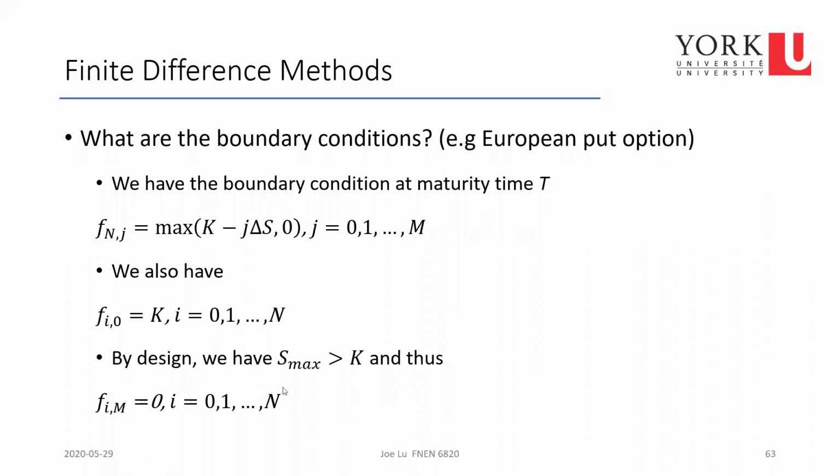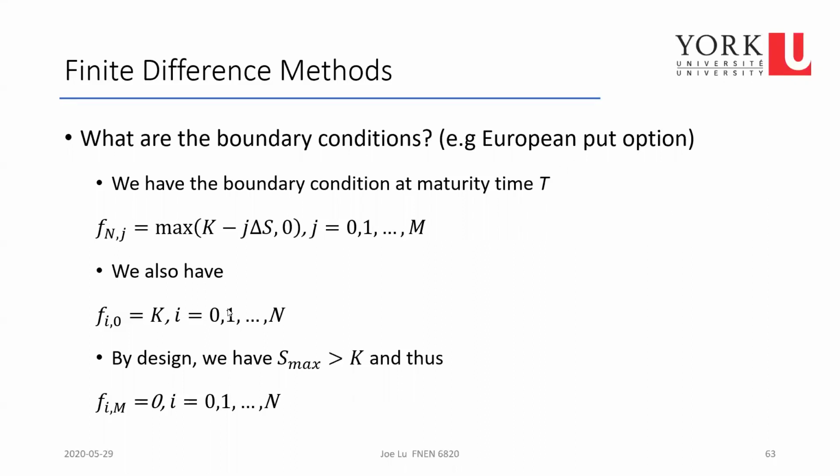Okay, so actually for this particular part here, f_i not equal to K, not for all the i's for European. If it is European, it is K only for the last point, and for the points before that, they are all equal to the present value of the K at that point. But for American option, this is true.